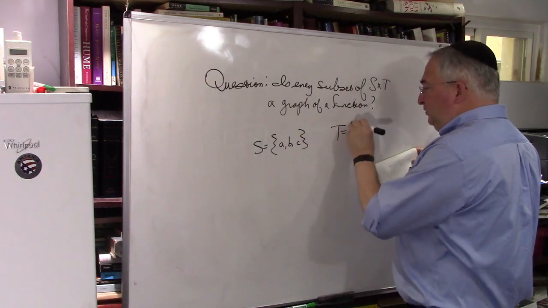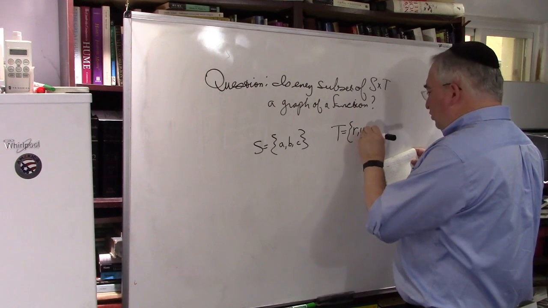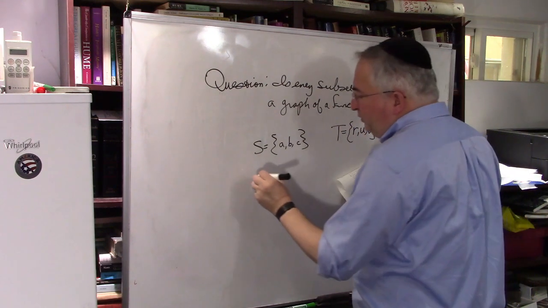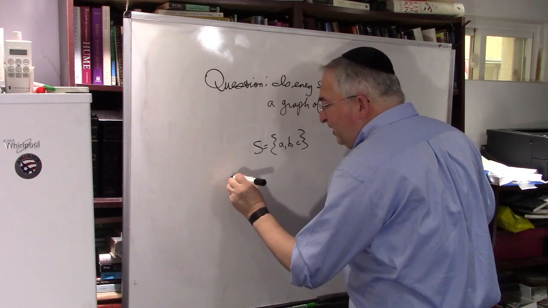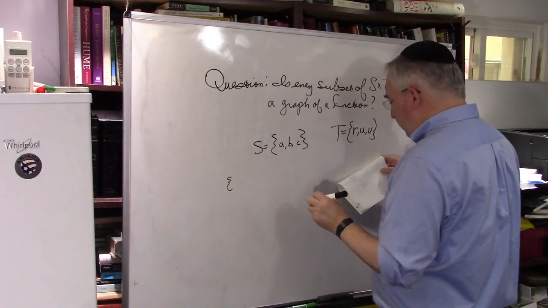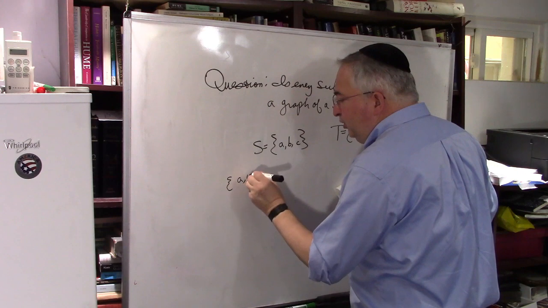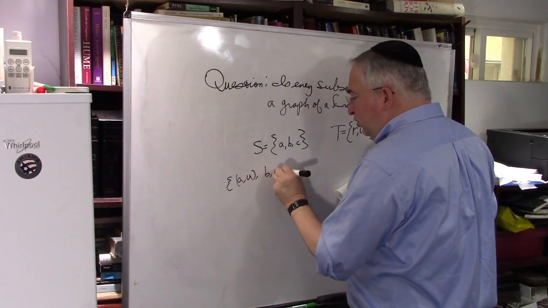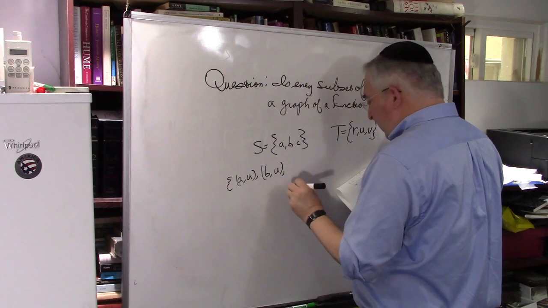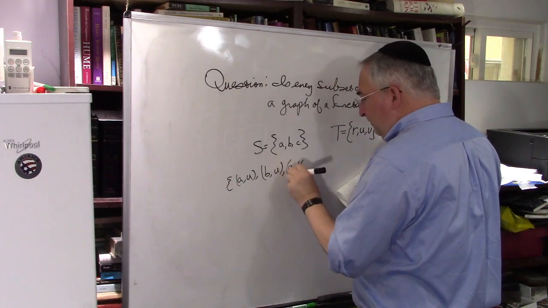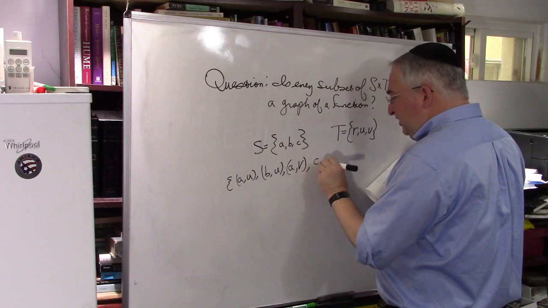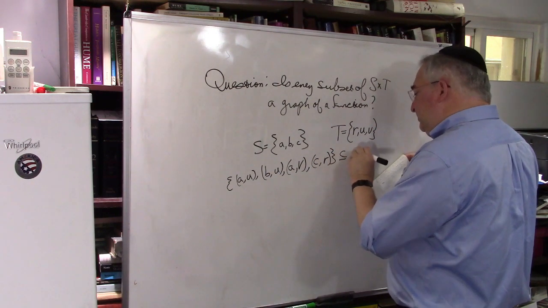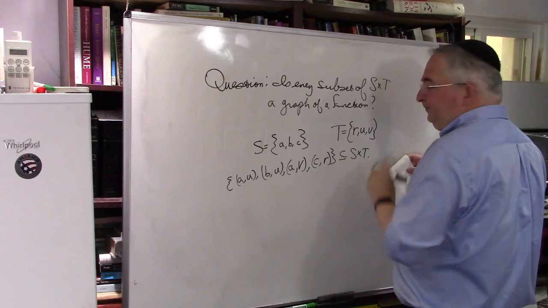T is equal to R, U, V. Now I want you to consider the following subset of S cross T. Ready? A, U. B, U. A, V. C, R. Okay, this is a subset of S cross T.